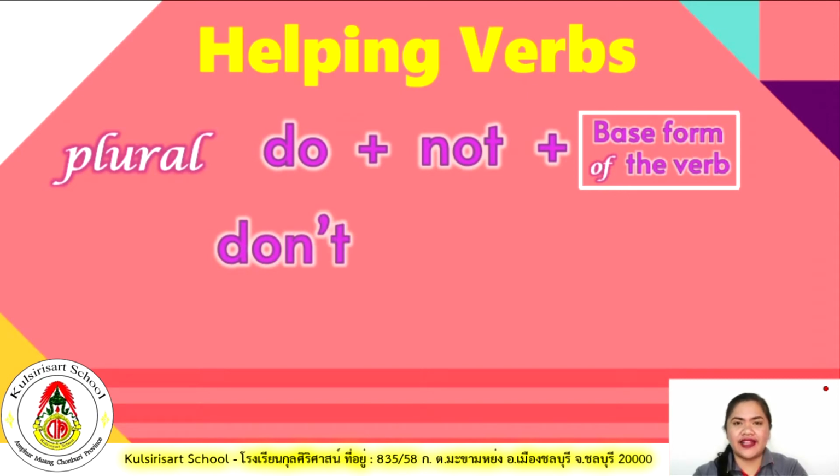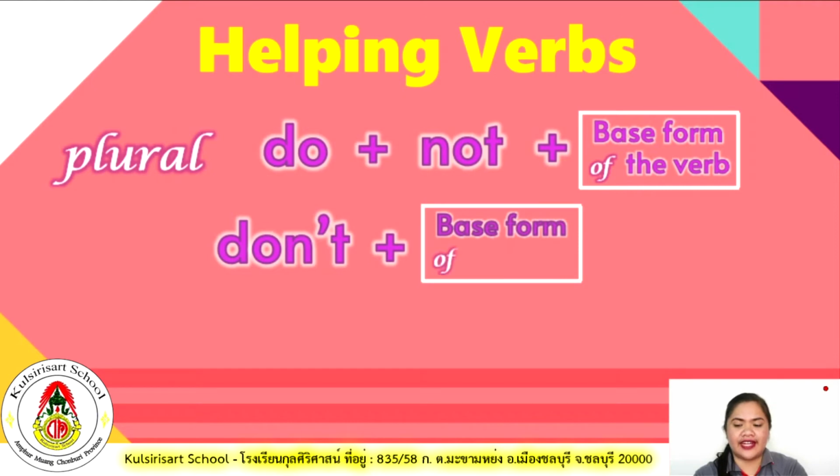We combine them with the word don't. Okay, we will omit the O and then add apostrophe and then combine them. So, we formed the word don't. And there's no need to write the not because it's already here. And then, of course, do not forget the base form of the verb.